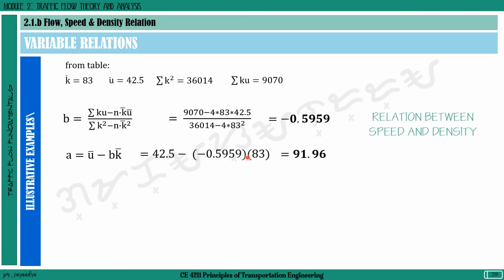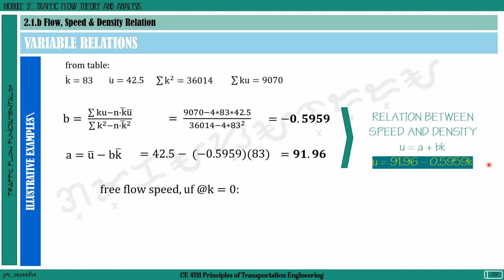So using now your relationship between the speed and density, we now have U is equal to A plus BK. So U is equal to 91.96, our computed A, minus our computed B times K. So this equation now will define the traffic flow of the road section under study.